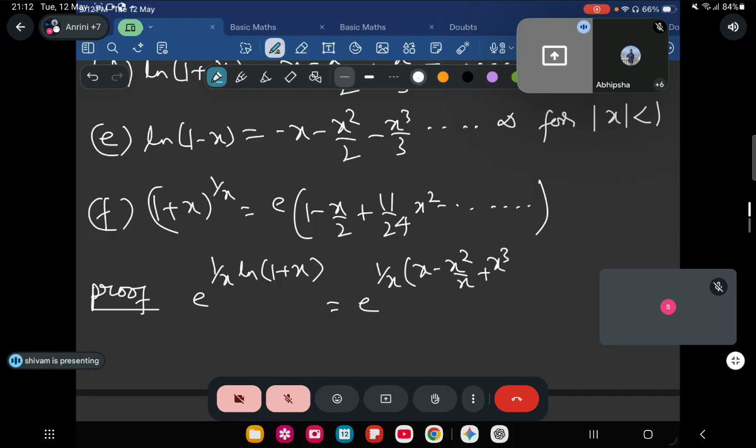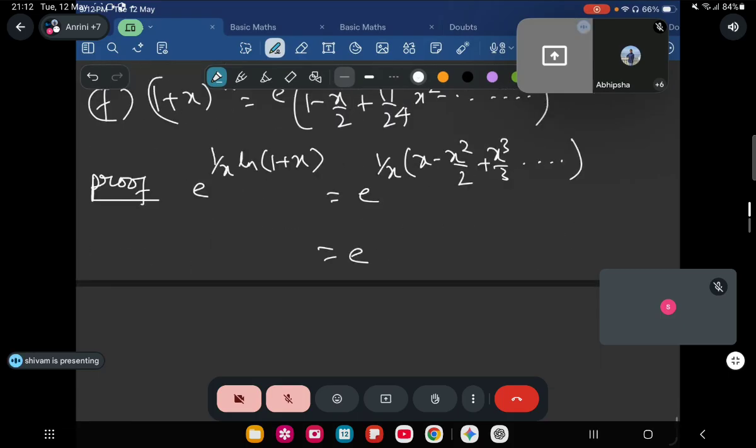Only write down the first three terms. So this will become e to the power 1 by x into x, which will become 1 minus x by 2 plus x square by 3, dot like this it goes on.